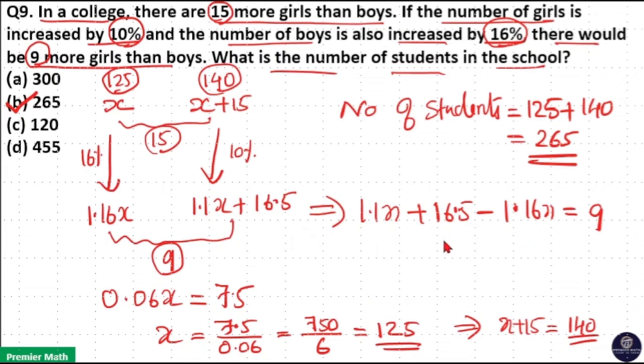Now here you can see 9 comes here, and 1.16x and 1.1x go to the RHS. That will become 0.06x is equal to 7.5. So you can write this step as well. But here all are positive terms, so if you consider the difference between these x components and the constant terms, you don't have to write this step.